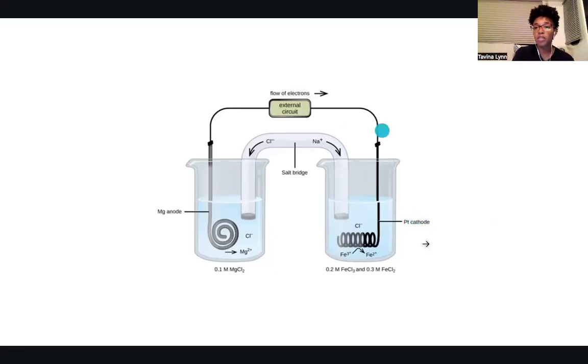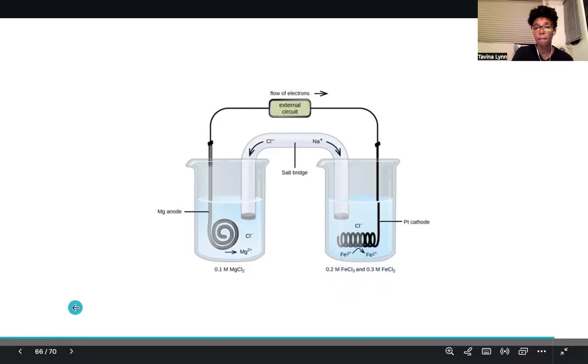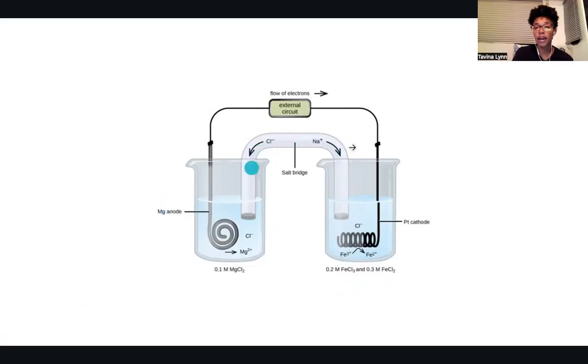So this platinum cathode is just our electrode that's allowing the electrons to flow through into our reduction half cell. And so we have this solution of iron chloride where we're reducing iron 3 plus to iron 2 plus. We have our salt bridge, with our anions and cations flowing in to balance the charge, and our external circuit where the electrons are flowing through.